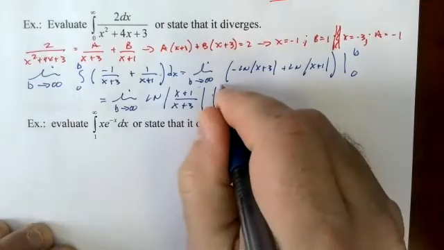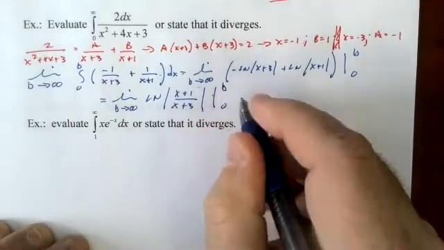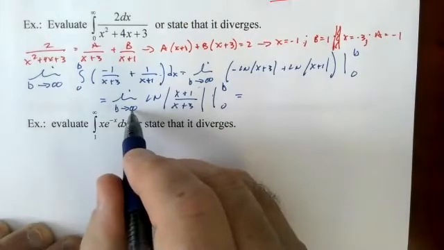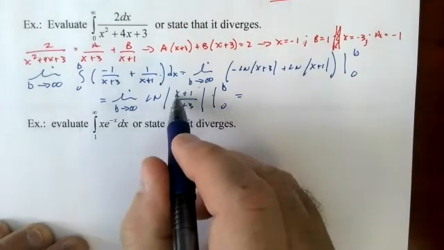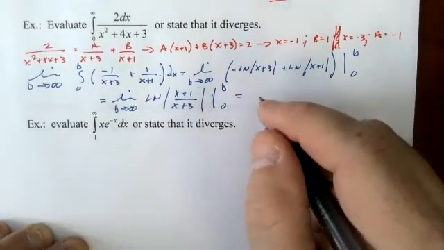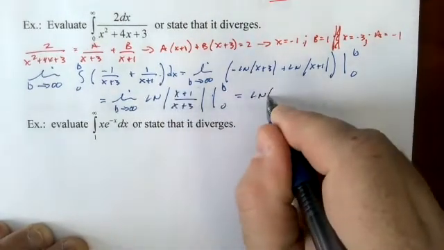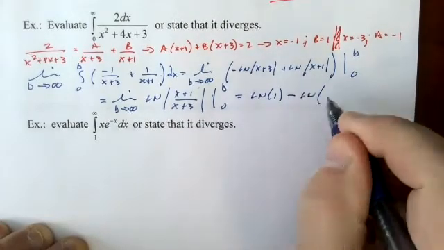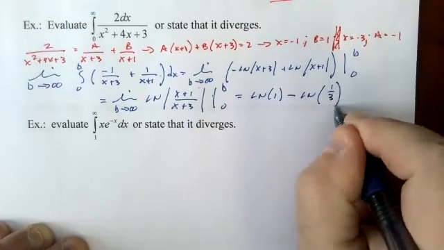Still got 0 to b. And now finally I'll throw it out. If I plug in infinity for b, I get infinity over infinity. Well, the powers dictate. I get ln of 1 minus ln of 1/3.